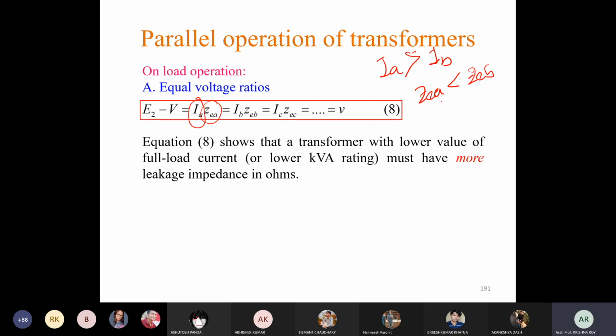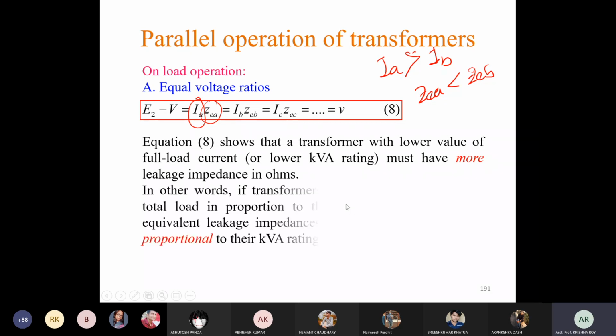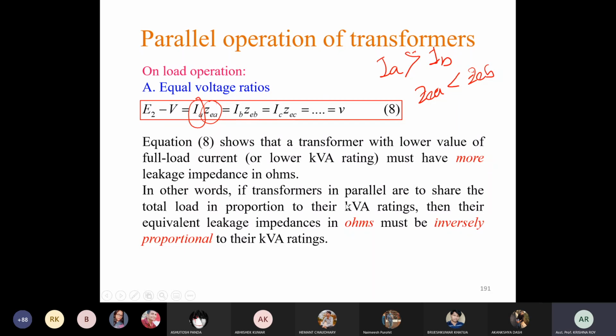Okay, so in this way we can conclude that the load shared by any transformer is inversely proportional to their leakage impedance, or we can say the transformers connected in parallel will share the load according to their equivalent impedances in ohms, and this impedance will be inversely proportional to their kVA rating.